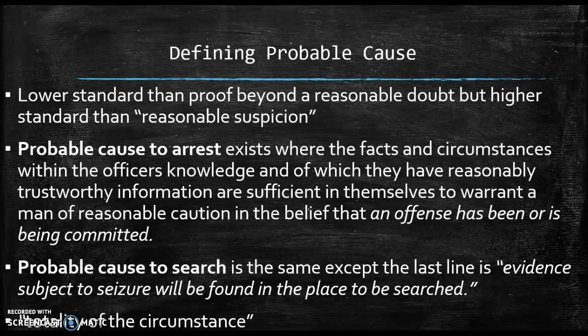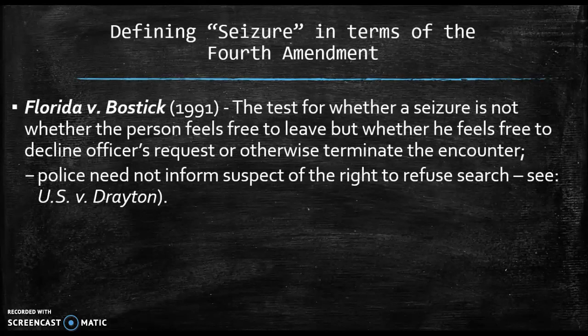It's where all these facts and circumstances and the knowledge of the officer, reasonable, trustworthy information, warrant going and seizing the person or searching them, stopping them, that sort of thing.